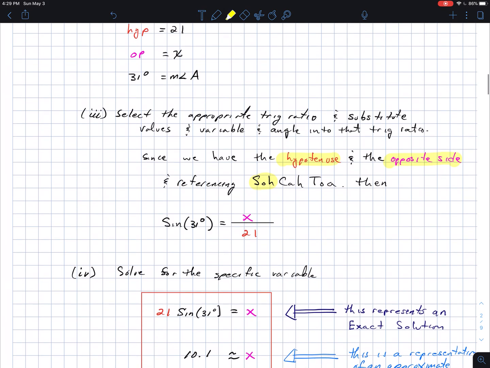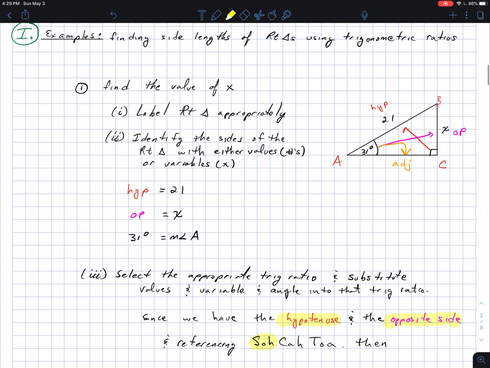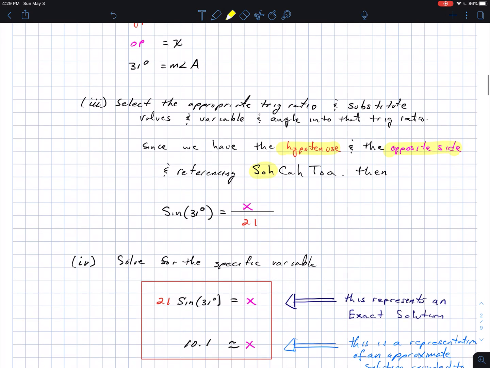That's why we have it set up as sine of 31 degrees equals x over 21. X is the opposite, and the hypotenuse is 21. We just put them in. The opposite over the hypotenuse, that's what the SO in SOHCAHTOA means.